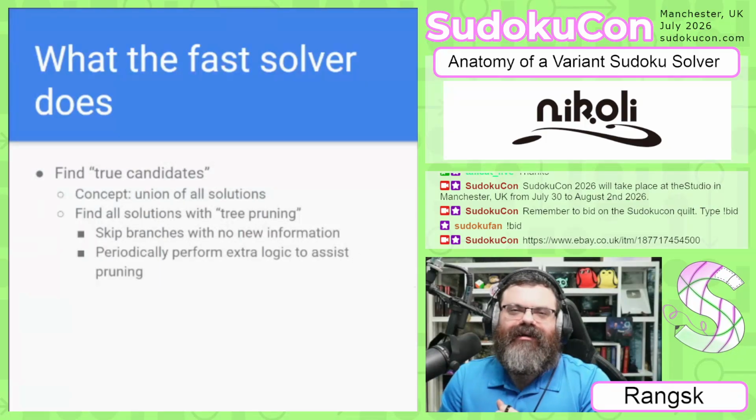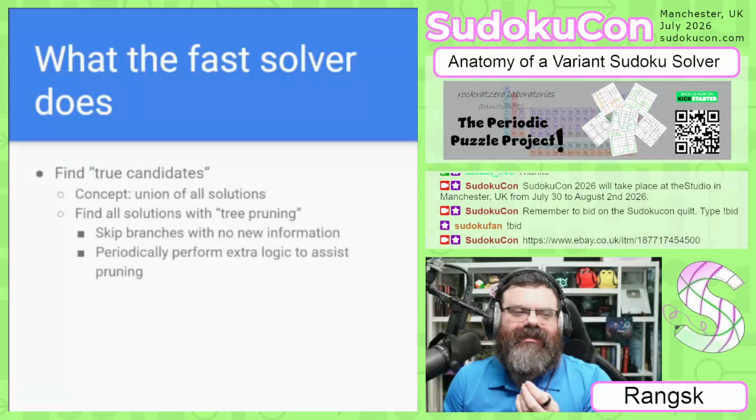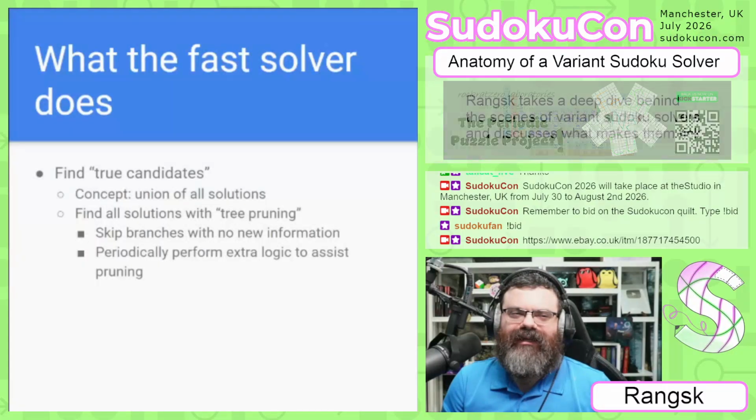Now, what's important here that I discovered when implementing this is, especially with certain variants, it's important to perform a little bit of extra logic every once in a while to assist with the pruning. So, for example, if there's a naked triple in a row, then the rest of that row shouldn't have those three values in it.